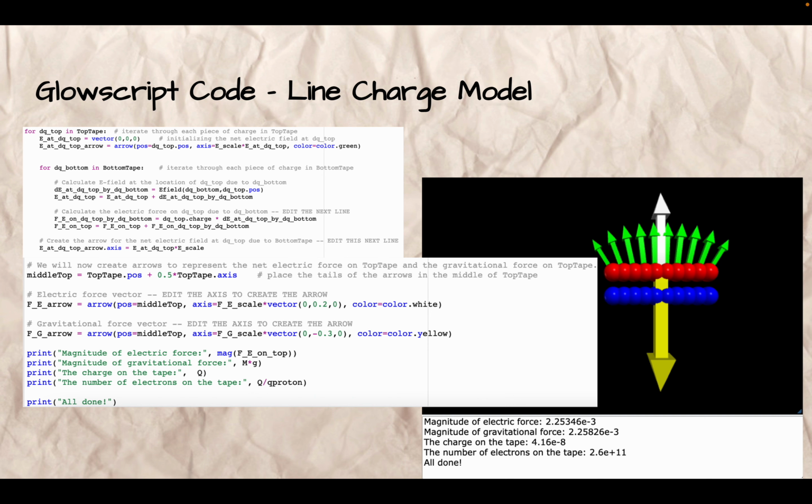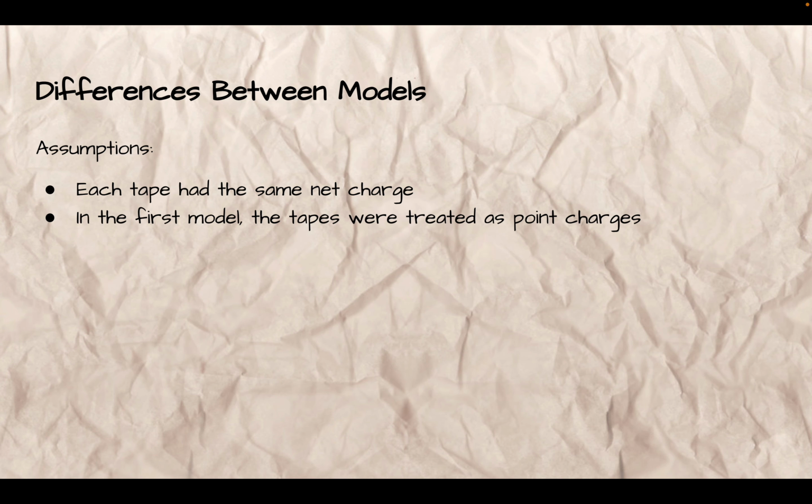So we find the charge on the tape to be 4.16 times 10 to the negative 8 because through trial and error with this charge, we get the magnitude of the electrical force and the gravitational force to be equal to each other, so we know that the tape would be in equilibrium.